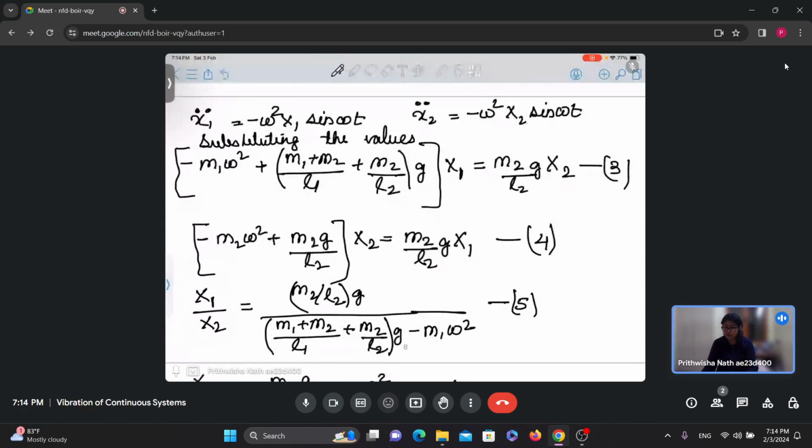These two equations: from the first equation we get this from equation 3. This we get from equation 3.